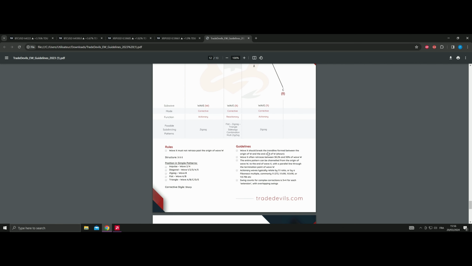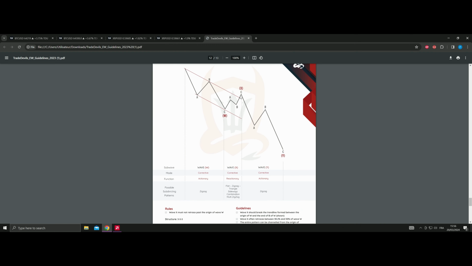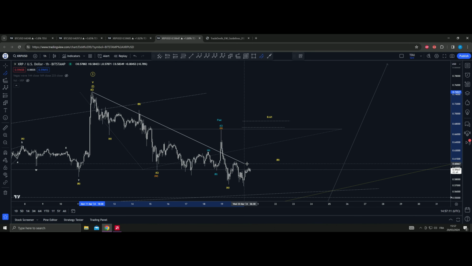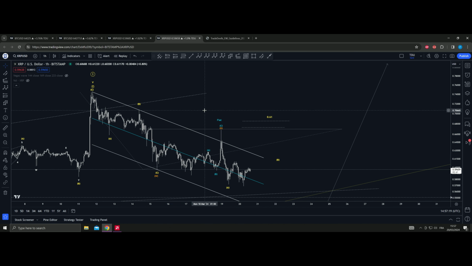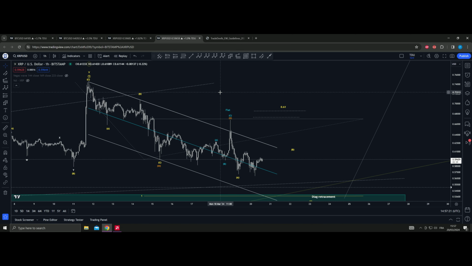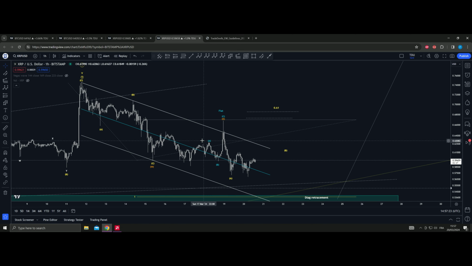So wave X should break the trend line formed between the origin of W and the end of wave B, as it's shown. That's how I would do it. All right, so wave X, as we said, needs to break this channel.